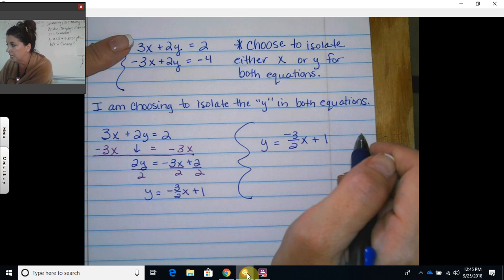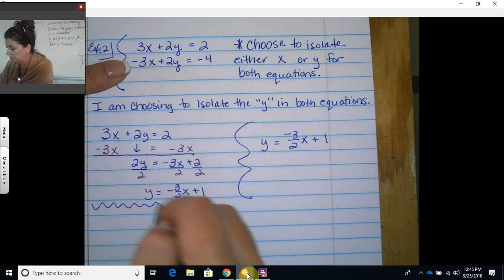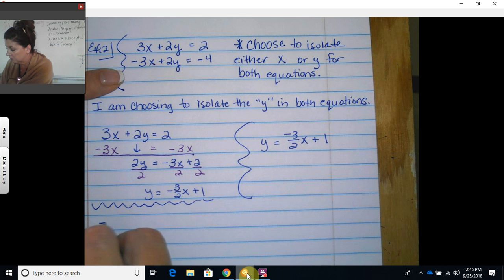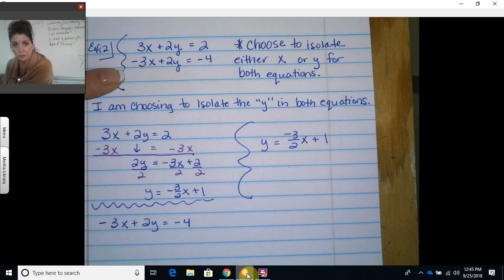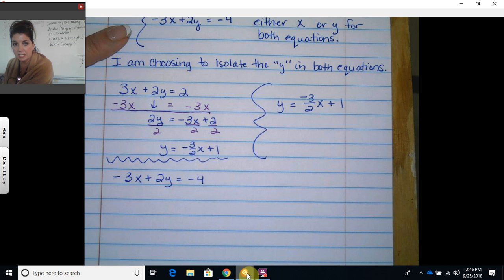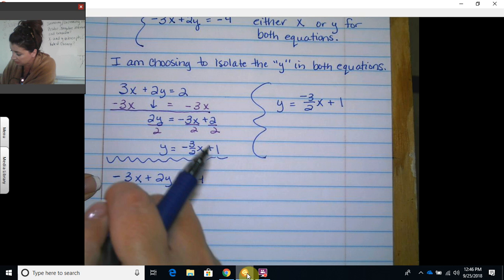So now I'm going to take the bottom equation and I'm going to isolate the y in that equation as well. So if I want to get y by itself, what would I do first in this equation? Add 3x.